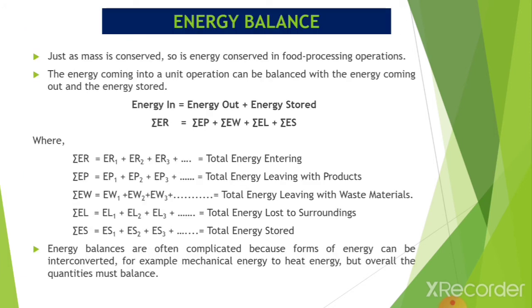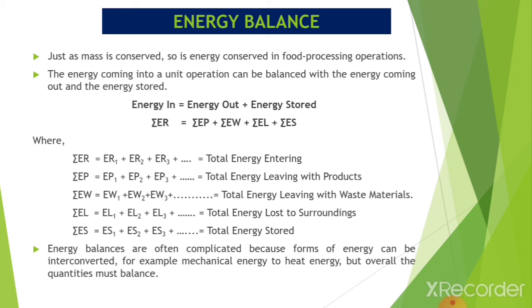In the same way, we can apply the energy balance to the system. System means any unit operation under consideration. Just as mass is conserved, so is energy conserved in food processing operations. The energy coming into a unit operation can be balanced with the energy coming out and the energy stored.